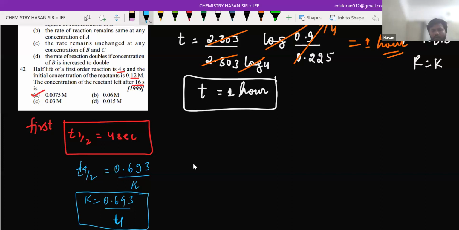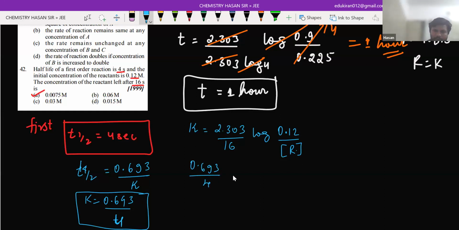Now what we need to do is very simple. Apply this formula: K is equal to 2.303 upon t. t is basically 16 seconds. Log of initial concentration, that is given 0.12, divided by the final concentration, let's say R. K is already calculated, 0.693 upon 4.